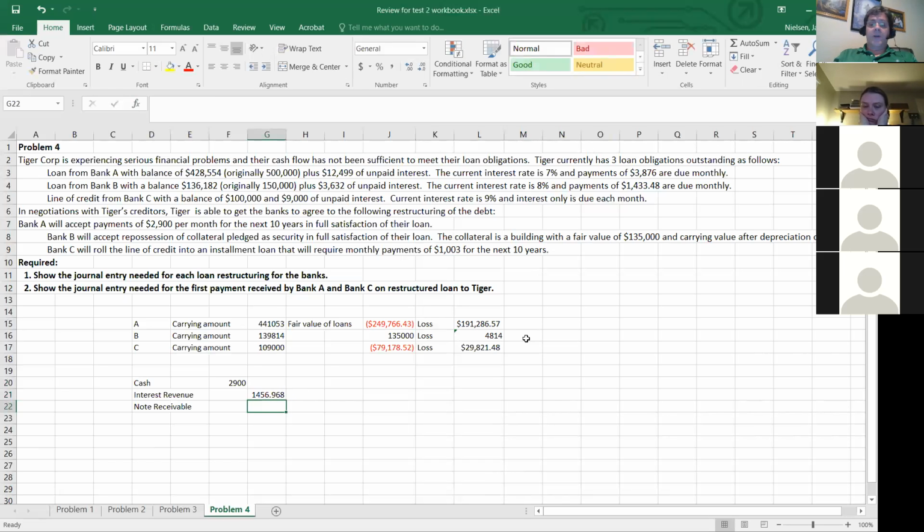There's your interest. Take the difference, and that's your principal that you're receiving from Tiger. It would be the same basic idea with the $1,003 if you were Bank C. And of course, there's no payments for Bank B, which is why we didn't ask for the journal entries.